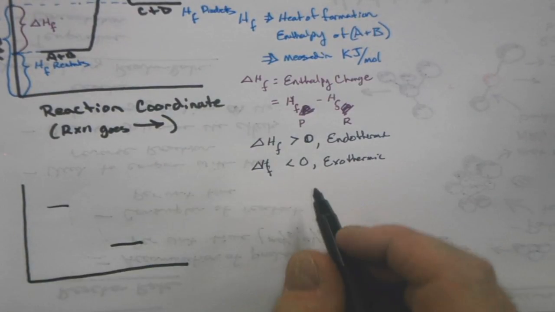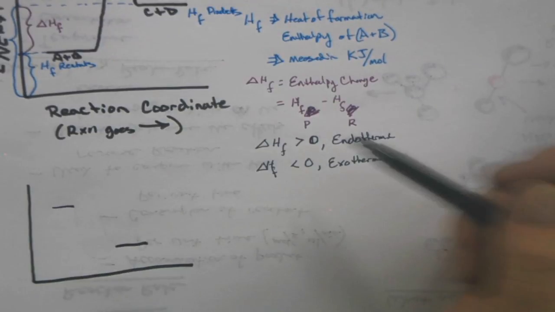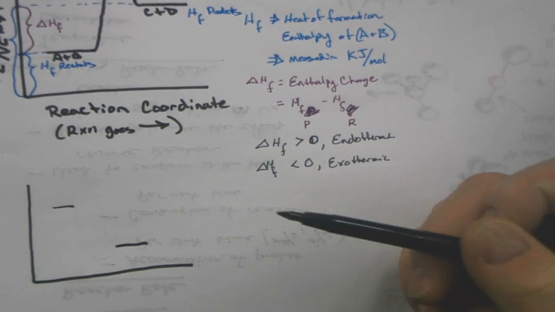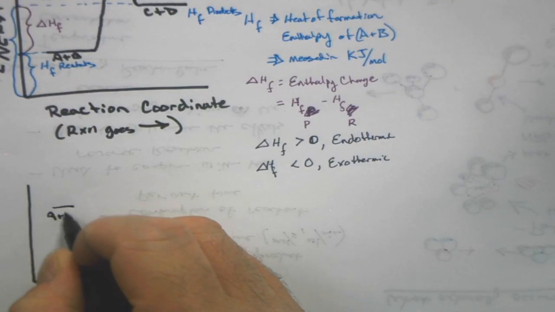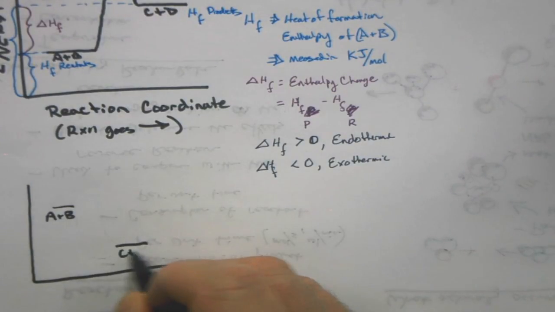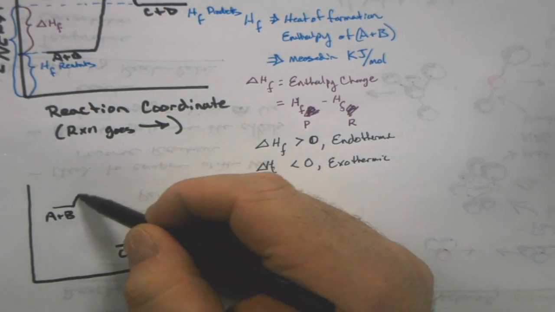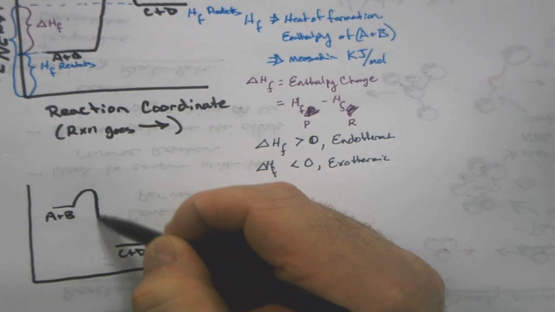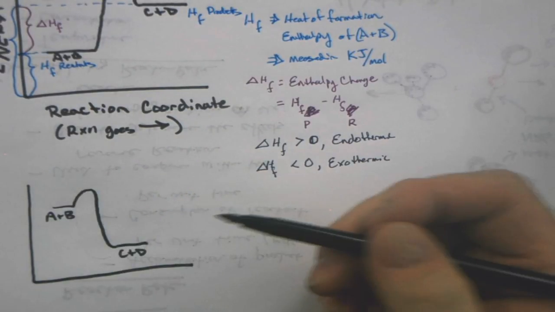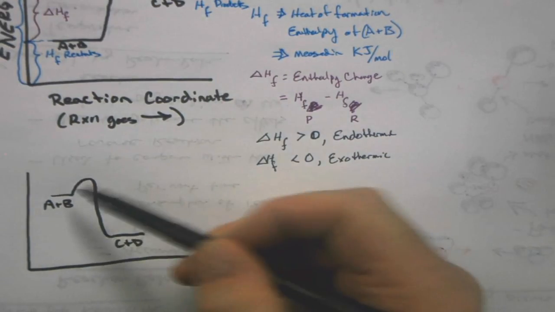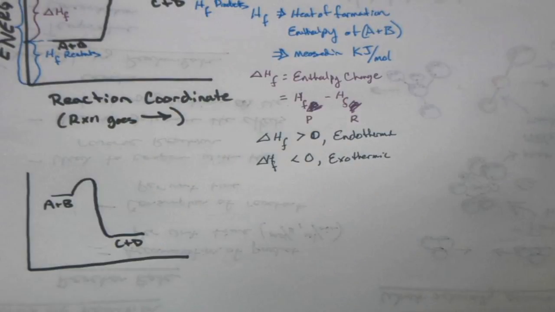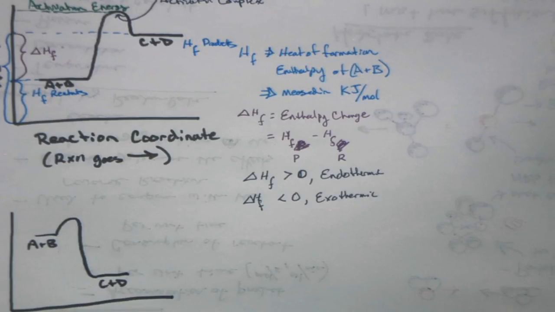But since we still have to have an activation energy, we have an amount of energy that we have to overcome before we continue with our products. We'll label these. We still have to overcome an amount, and so the graphs are similar.